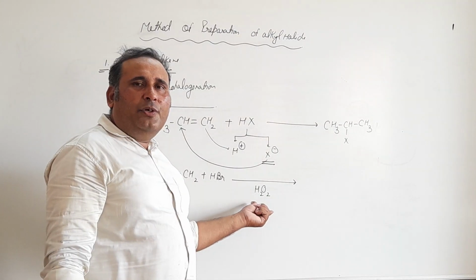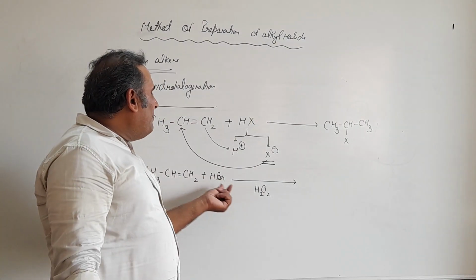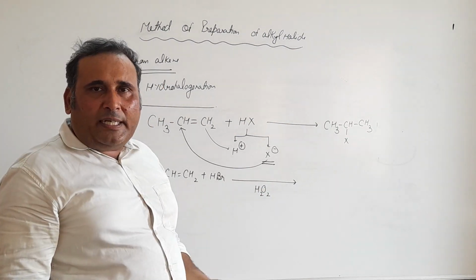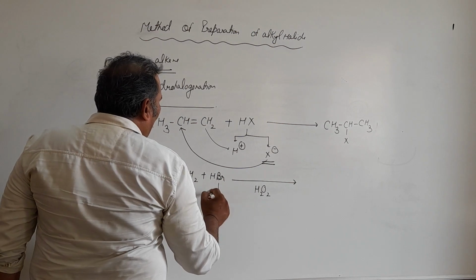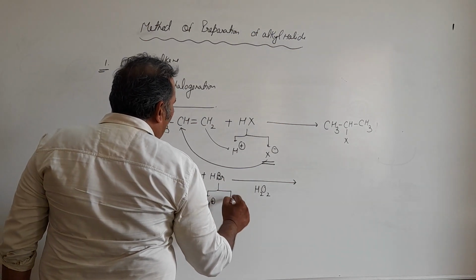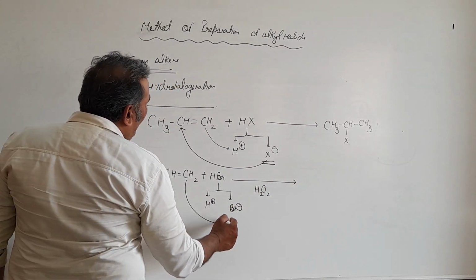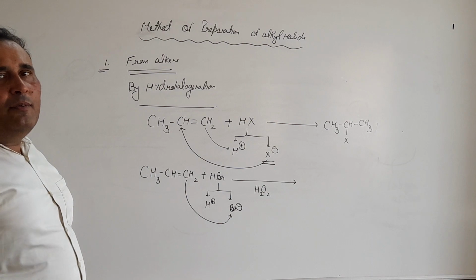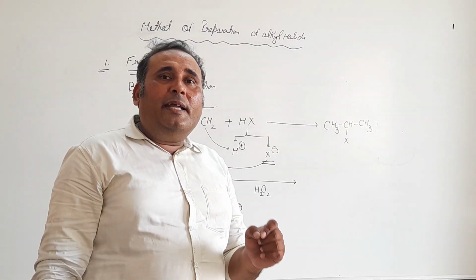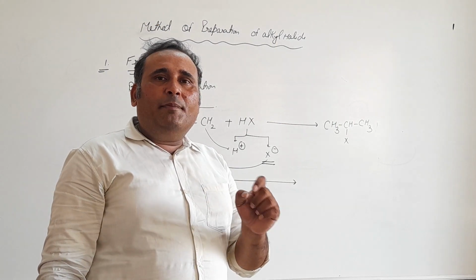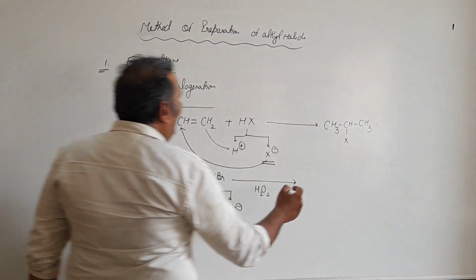According to the anti-Markovnikov rule, when an unsymmetrical alkene reacts with HBr in the presence of peroxide, the negative part, means Br minus, would be attached on that double bonded carbon which has more hydrogen atoms. That's why that is called anti-Markovnikov. Anti-Markovnikov means opposite of Markovnikov's rule. So our product will be like that.